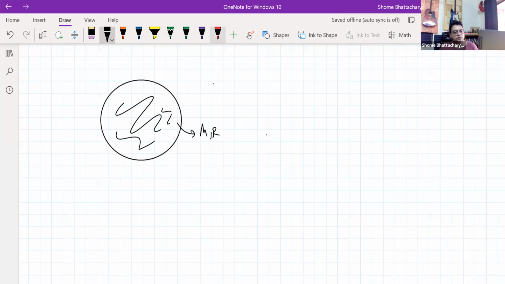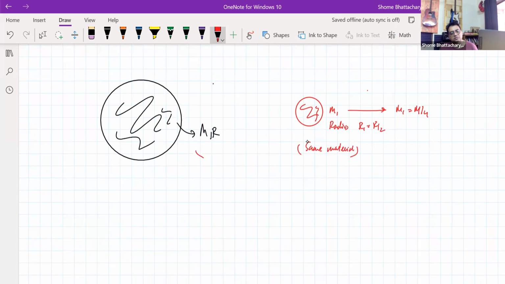Now if I cut a round hole from it, this disk is of mass m1, let's say, because its radius is r by 2. Therefore, this mass m1 will be m by 4, if it is of the same material as this.